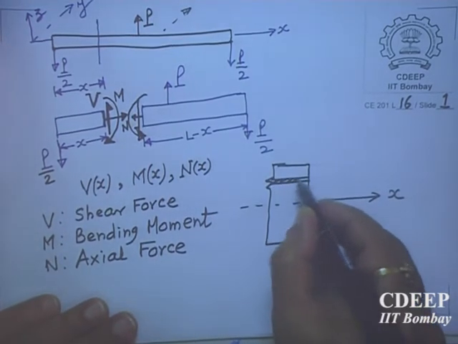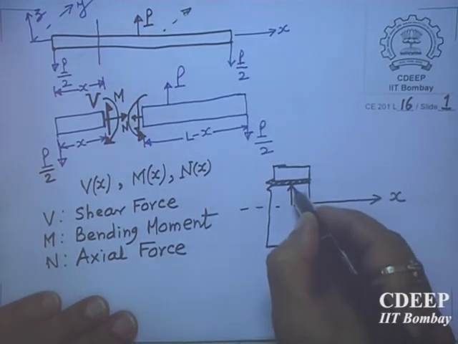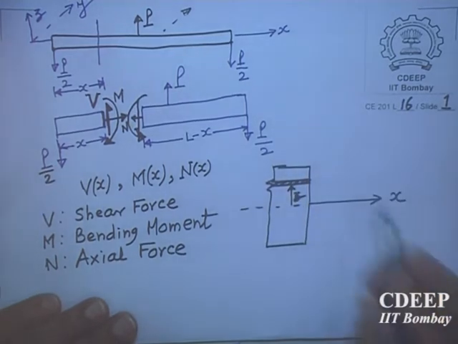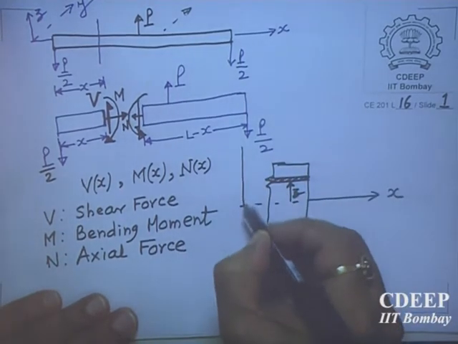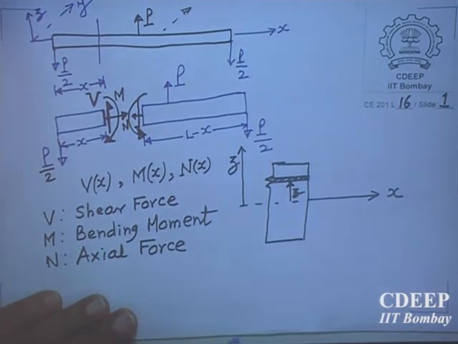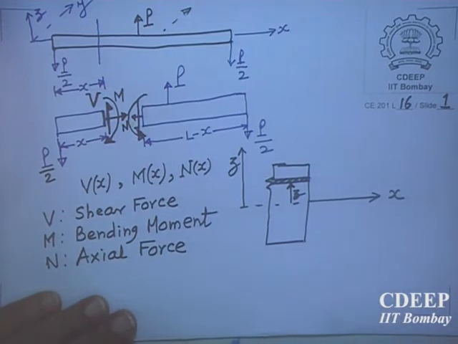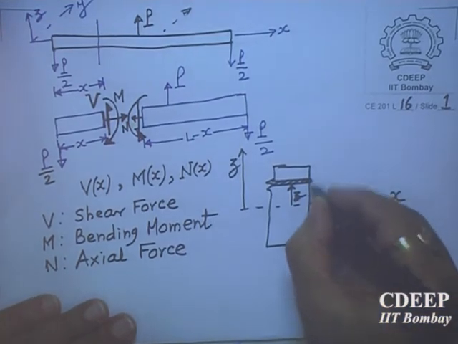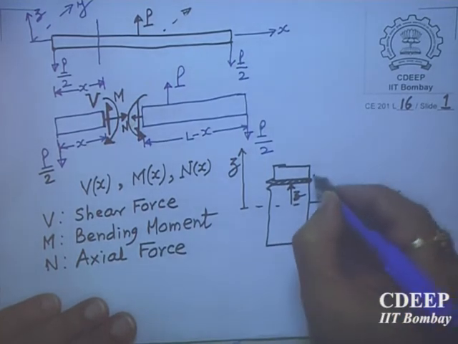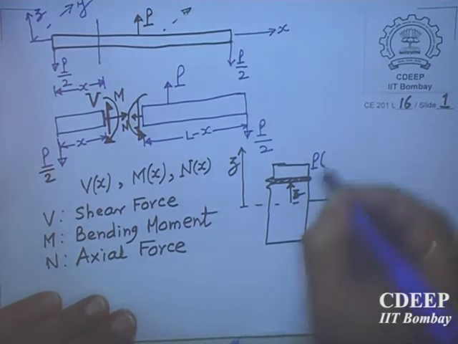At any distance, let us say from the centroidal axis x, at a distance z, because upward is the z direction. We are measuring z upwards. This point I am now taking. What will be the coordinates of this point P?